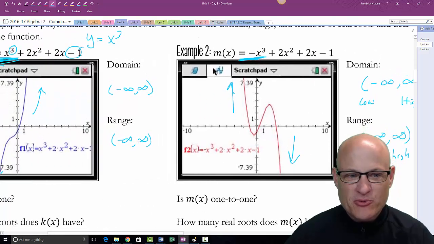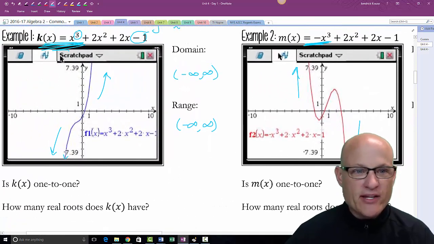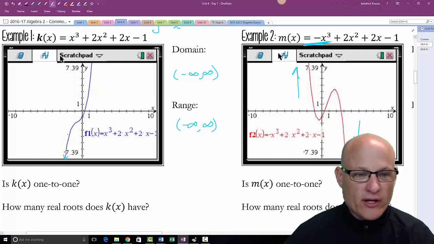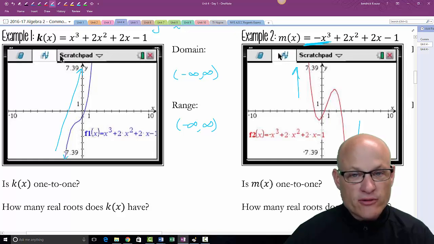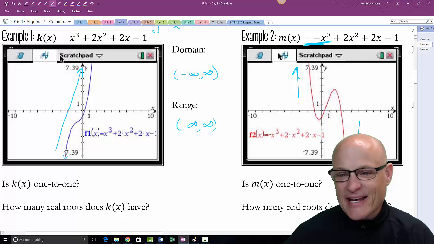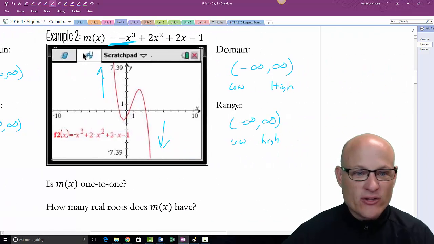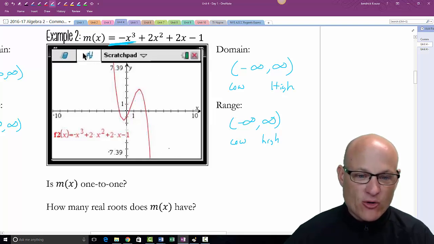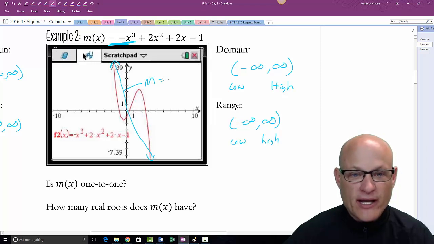So can you see the difference between these two? When it is a positive leading coefficient, going from left to right, it's going in an upwards direction. When it's got a negative leading coefficient, notice it's going in a downward direction. I always tell my kids, if I have arrows on the end of these graphs and I draw a linear function between them, would that slope be positive or negative?